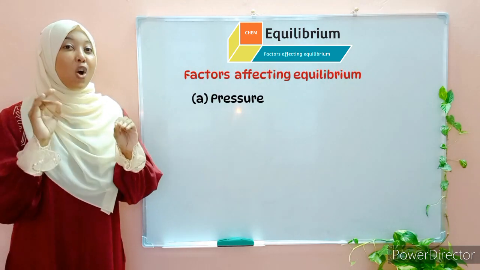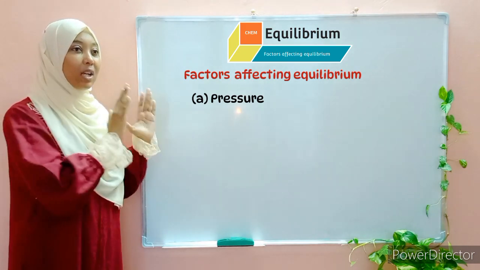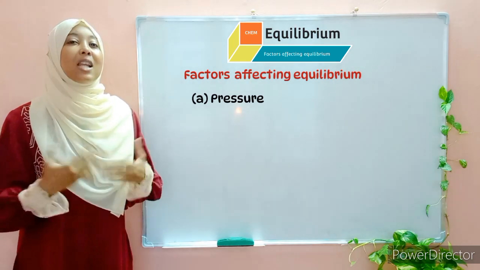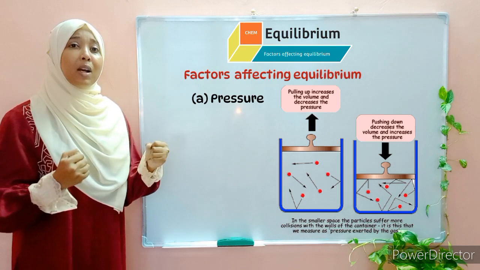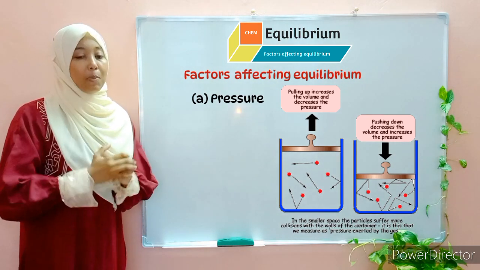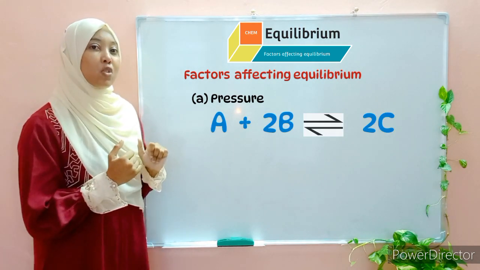Pressure only ever affects reactions involving gases, not liquids and definitely not solids. The reason for this is because unlike solids and liquids, gases can actually be compressed, therefore altering the pressure. Now, let's imagine we have this reaction.